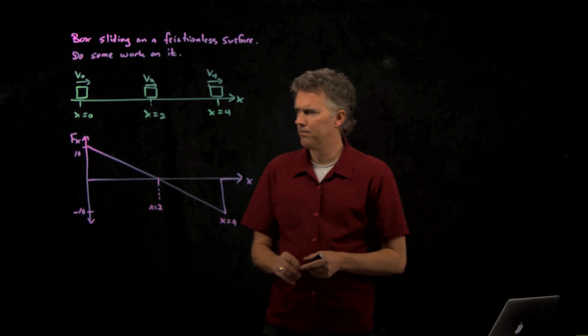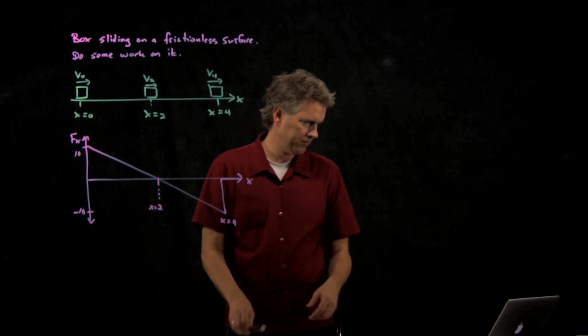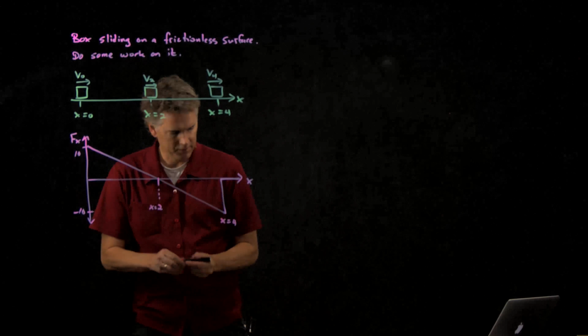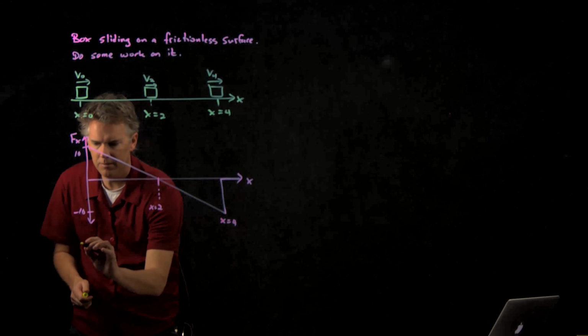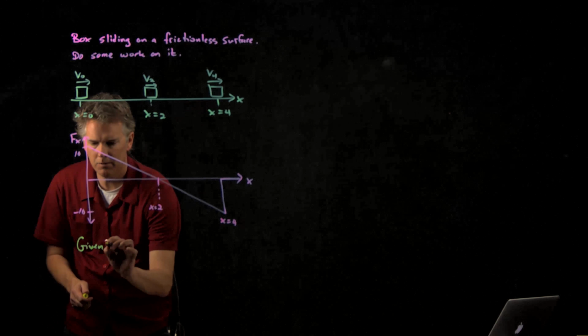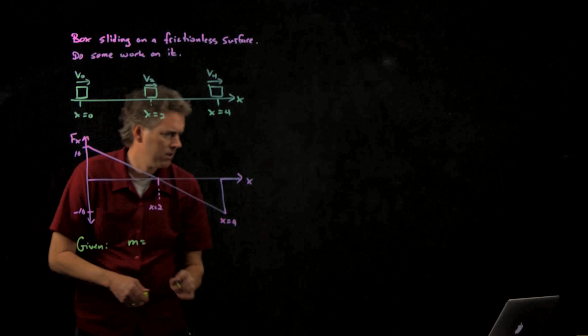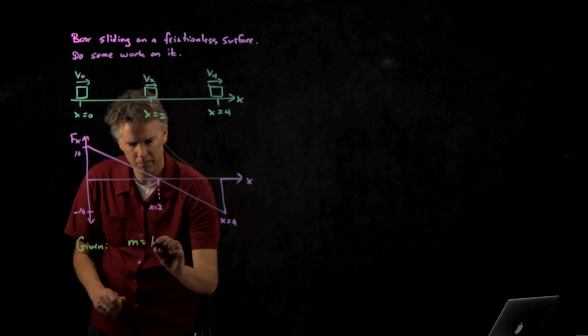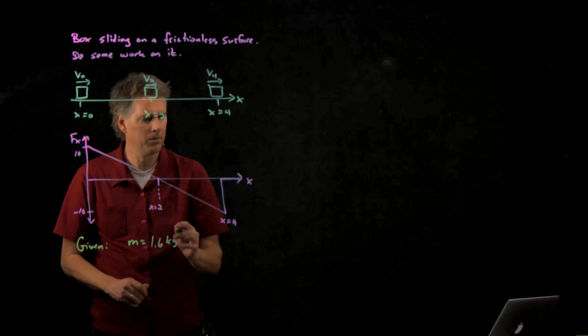Okay, and let's write down some givens. The givens are going to be the mass of the box, and we can use my numbers here, 1.6 kilograms.